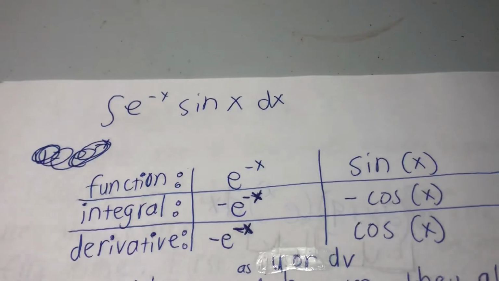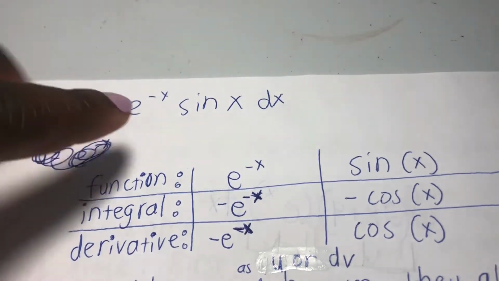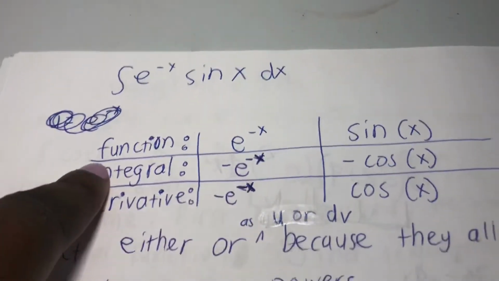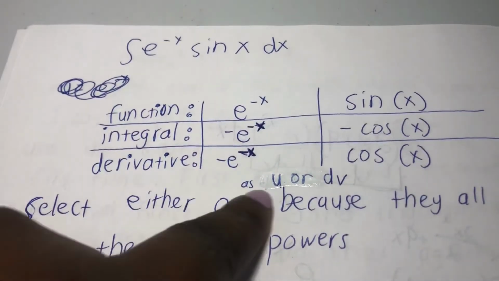And for sine x, it's the same thing. Both of the x's are to the power of 1, so it's equally as easy to find its integral as it is its derivative.